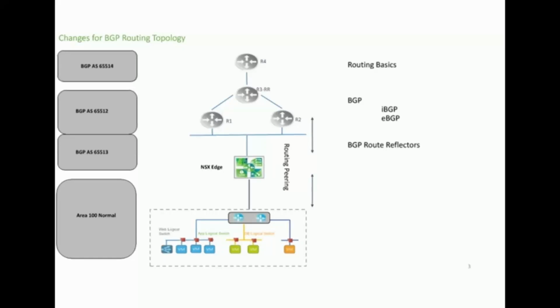I figured it was quicker just to show you in a diagram where you have 65513 to 65512. As long as you're in the same AS, that's IBGP, and then it does an EBGP peering up to my router 1 and 2, and then 14 becomes router 4.